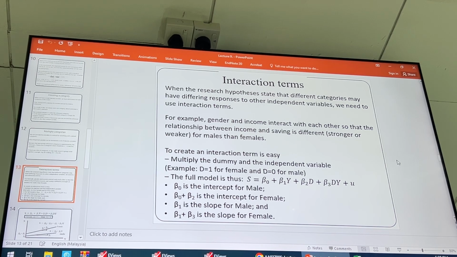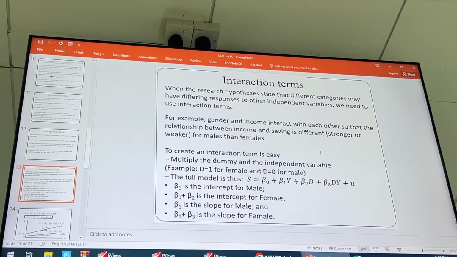So you can introduce interaction between the dummy variable and the independent variable. When the research hypothesis states that different categories may have different responses to another independent variable, we need to use an interaction term. For example, gender and income interact with each other, so that the relationship between income and saving is stronger or weaker for male than females.